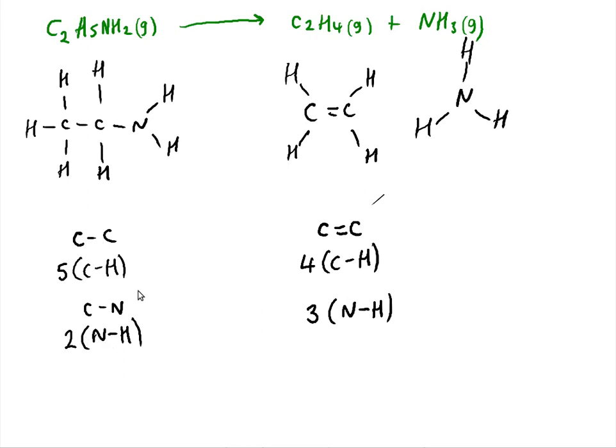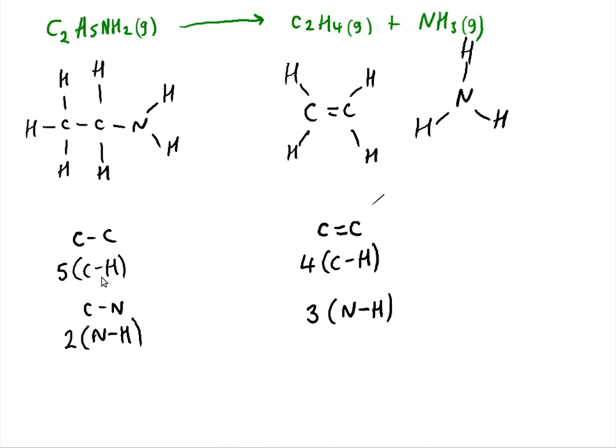Okay. So, how are we going to simplify this? We don't need to consider all of these bonds because quite clearly we have some bonds that are similar on both sides of this reaction. So what are we going to do about that? Well, clearly the carbon-carbon single bond is only on the reactant side, the carbon-carbon double bond is only on the product side, but we have carbon-hydrogen bonds.